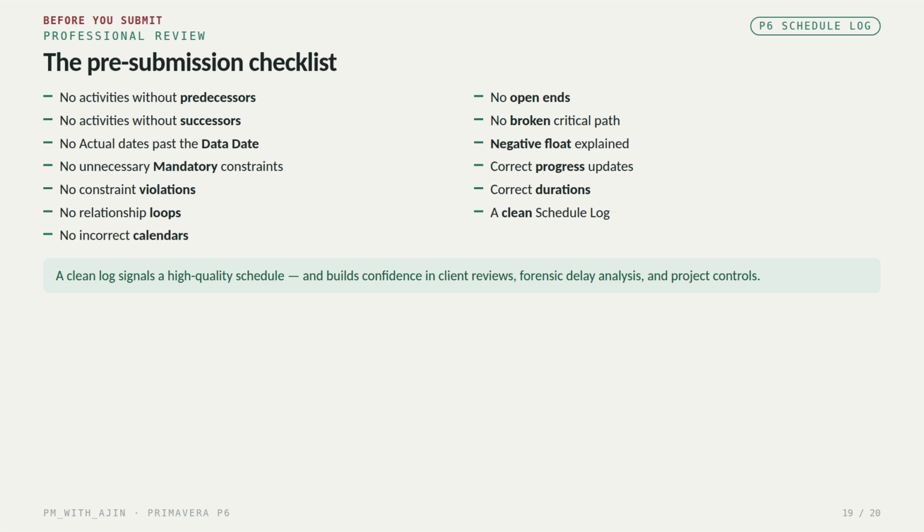No open ends and no broken critical path. Make sure any negative float is explained, the progress updates are correct, the durations are correct, and the schedule log is clean. A clean log demonstrates a high-quality schedule, and it builds real confidence during client reviews, forensic delay analysis, and project controls reporting.